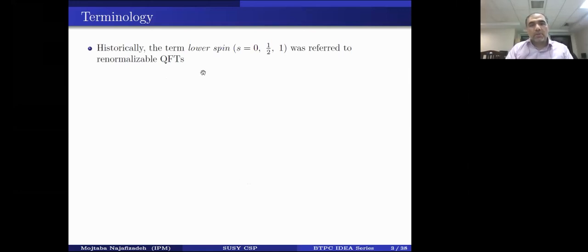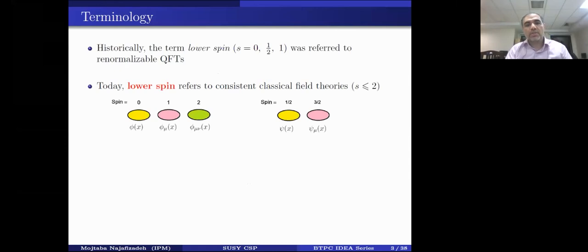Historically, the term lower spin referred to renormalizable quantum field theories, but today, lower spin refers to consistent classical field theories with spins less than or equal to 2.